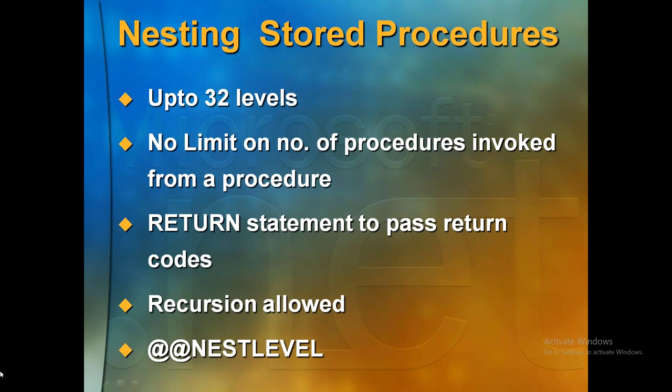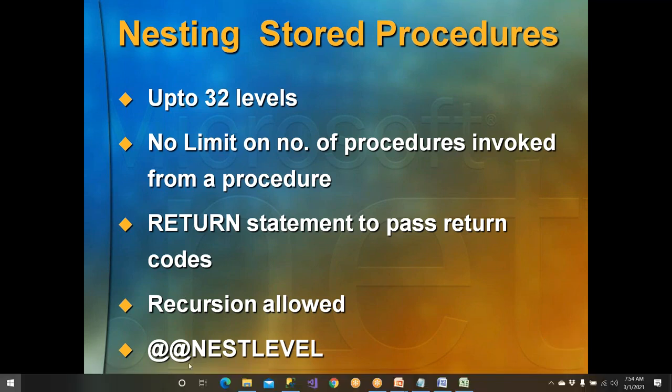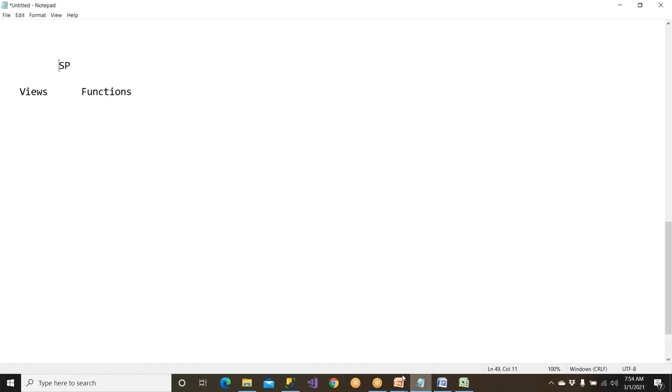Recursion is allowed. What do you mean by that? I am calling you, you are calling me. That is also a maximum of 32 levels. Creating a nesting level is very, very simple. Create proc sp1 as begin, and I can say exec sp2.